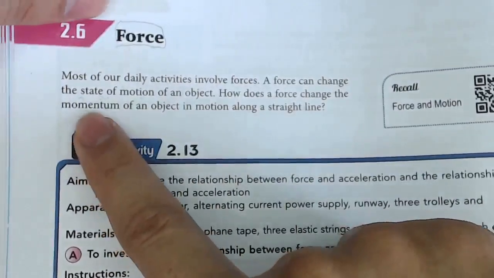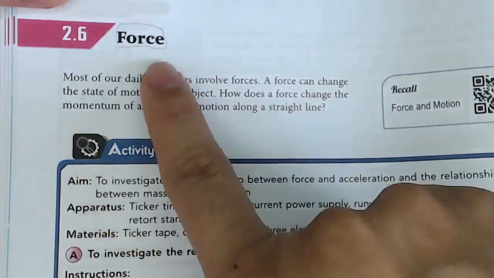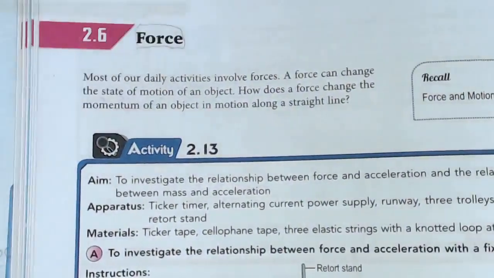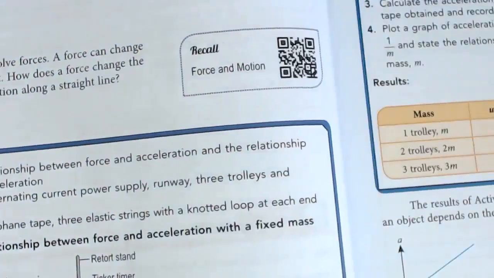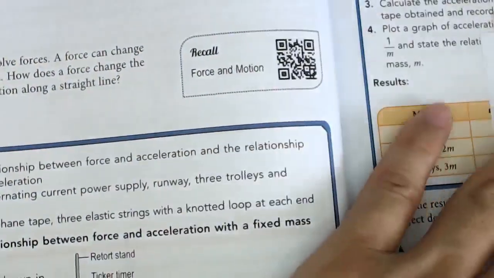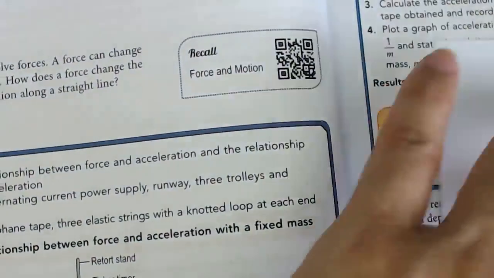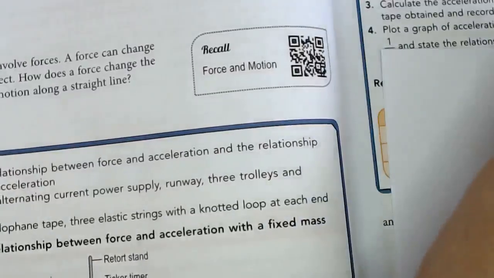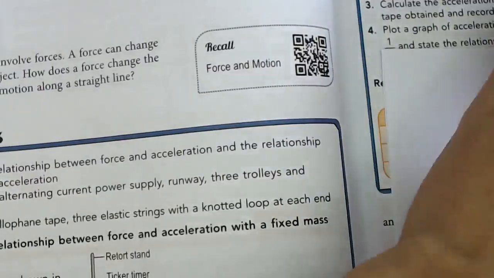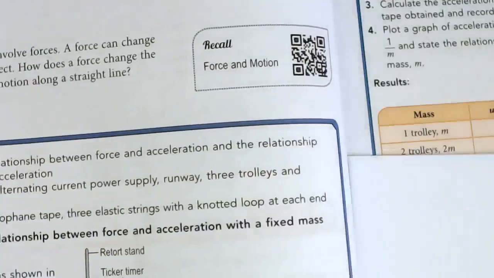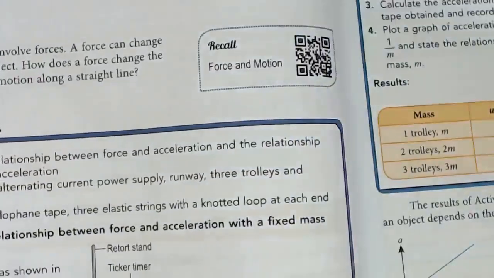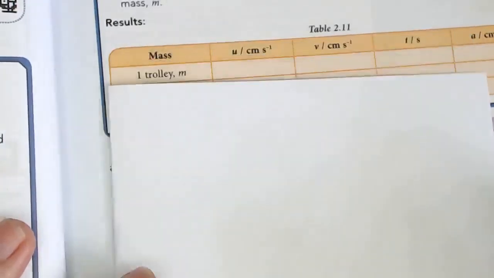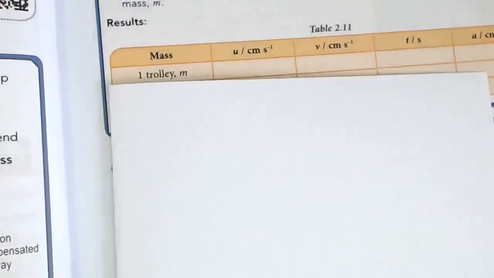This is why in the first place you learn momentum before you learn force. You know already what momentum is. Momentum is the value belonging to something that moves, that has mass and is in motion.